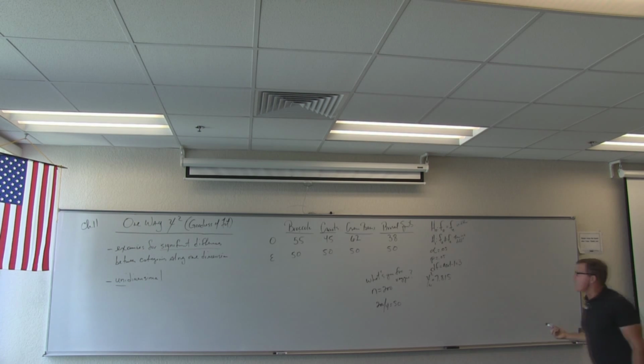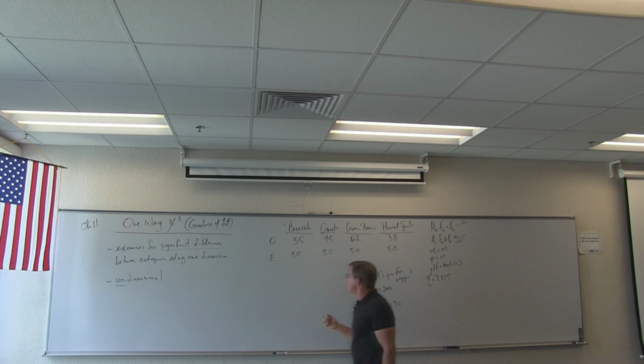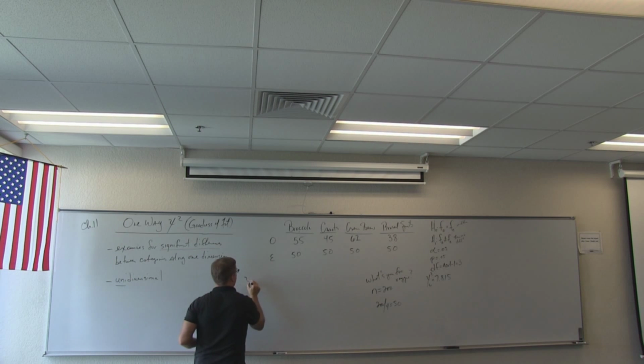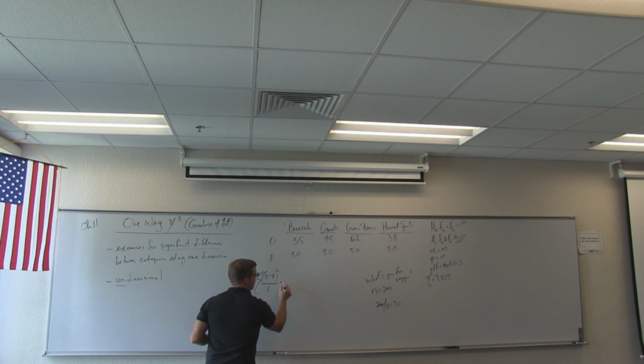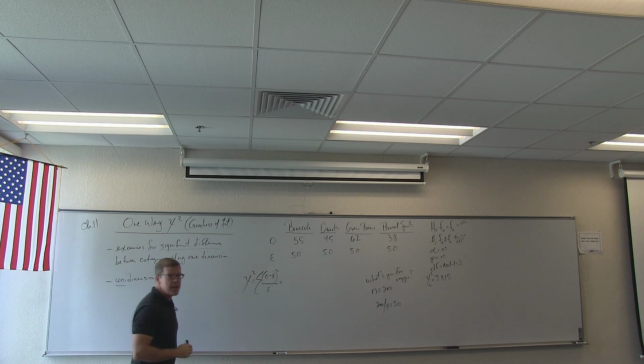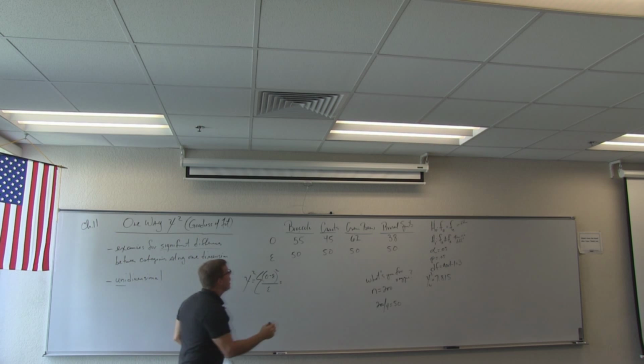We can compute this chi-square. Same drill: sum O minus E squared over E, and we do this 4 times, 4 categories.